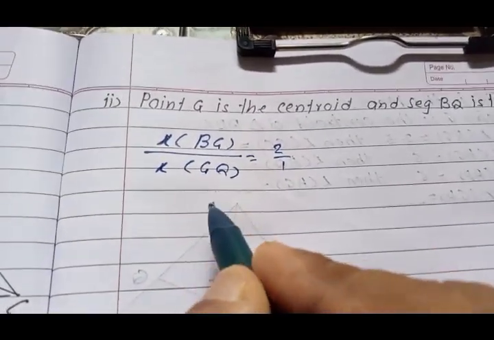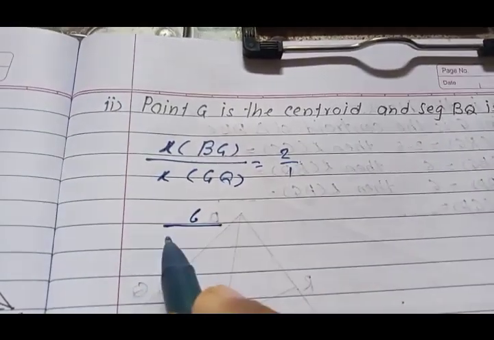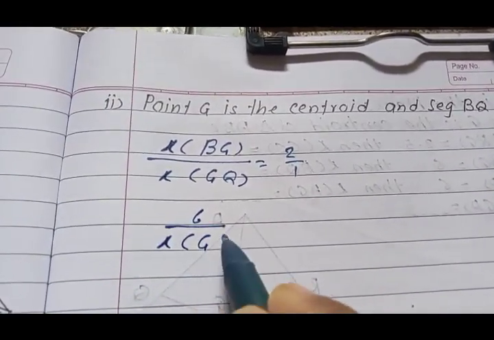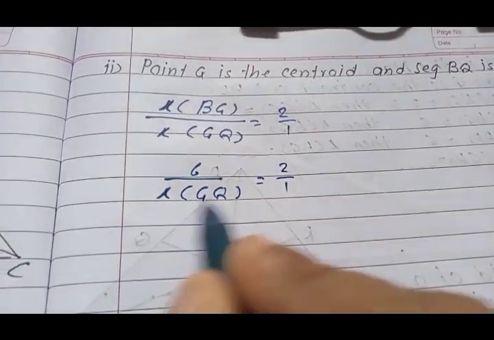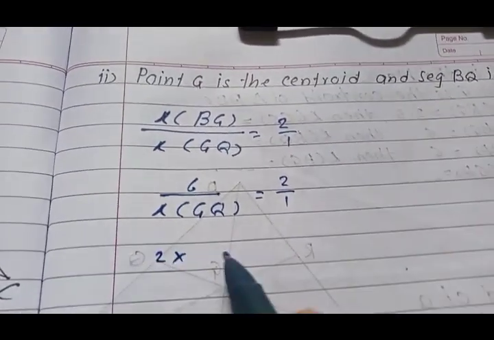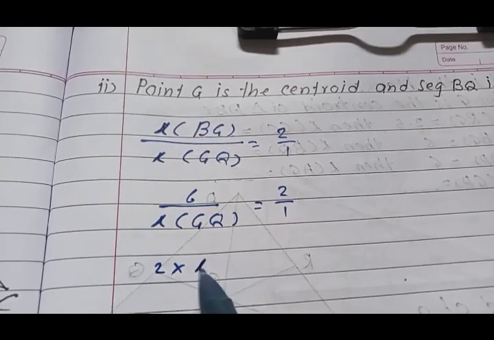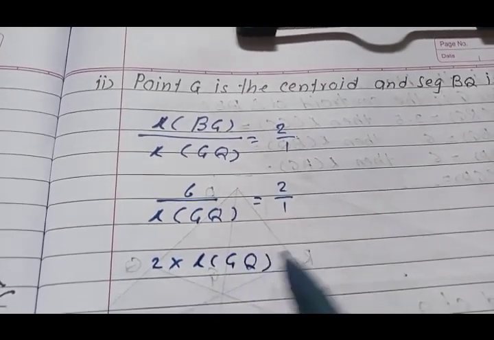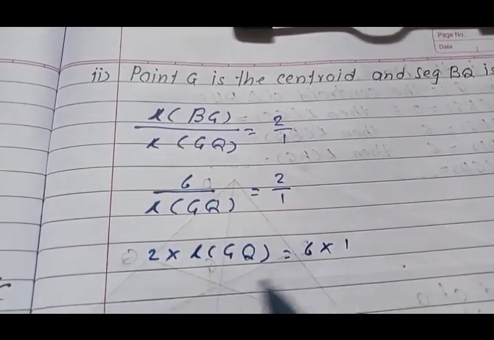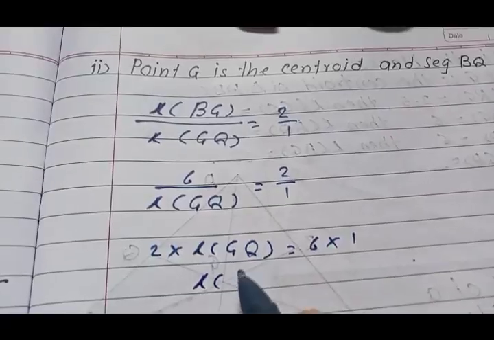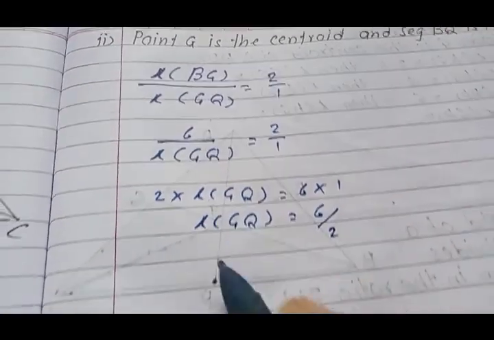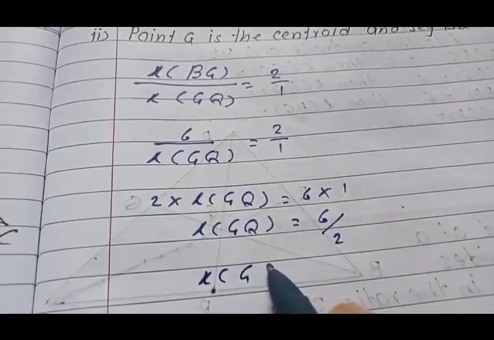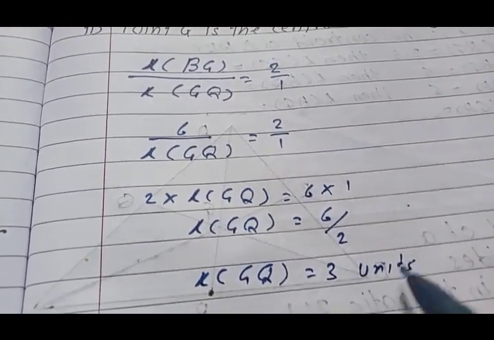BG is given as 6, so 6 upon length GQ equals 2 upon 1. Cross multiplying, 2 into length GQ equals 6 into 1. So length GQ equals 6 upon 2. So length GQ equals 3 units.